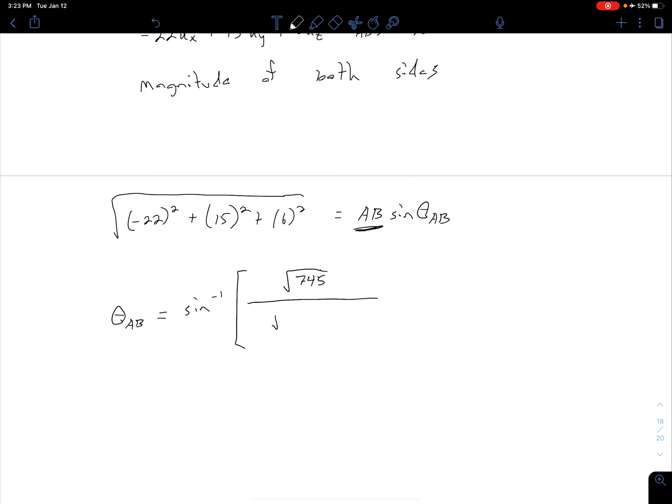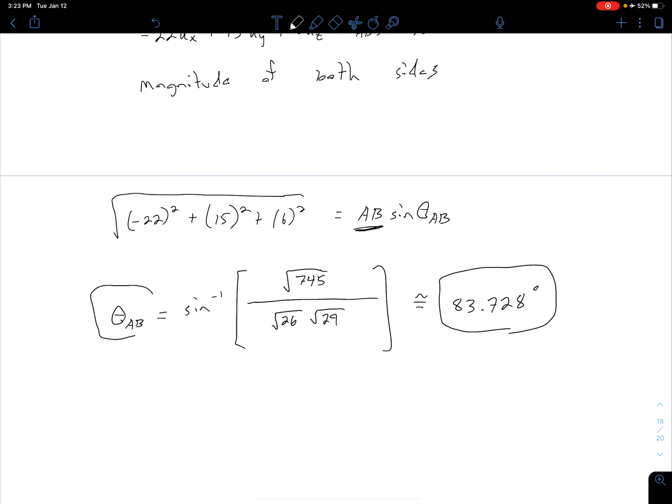And then in the denominator, from our previous method with the dot product, we had magnitude of A was square root of 26, magnitude of B was square root of 29. Plugging all of that into a calculator, we get approximately 83.728 degrees, which of course is the same angle that we got with our dot product, which we would expect.